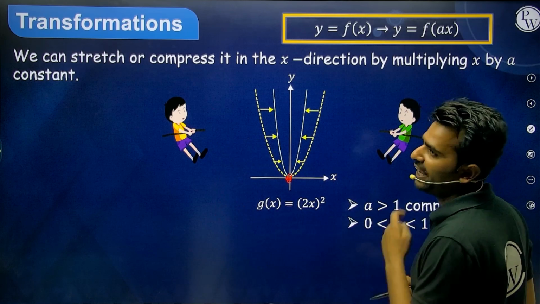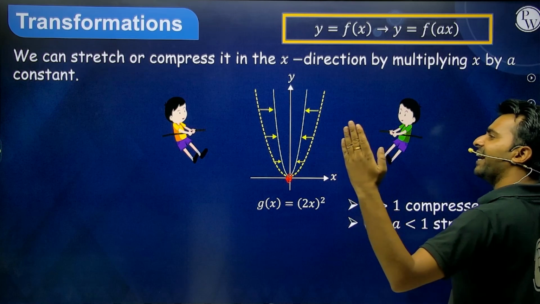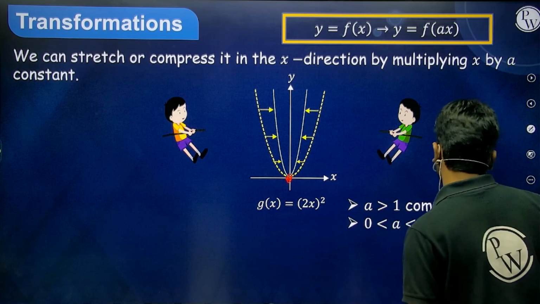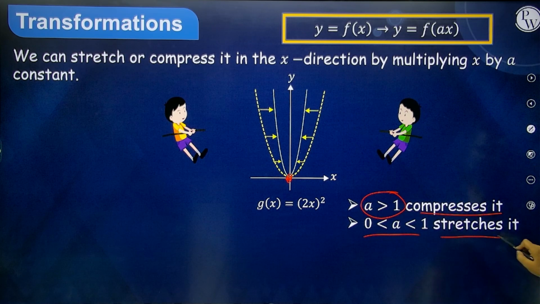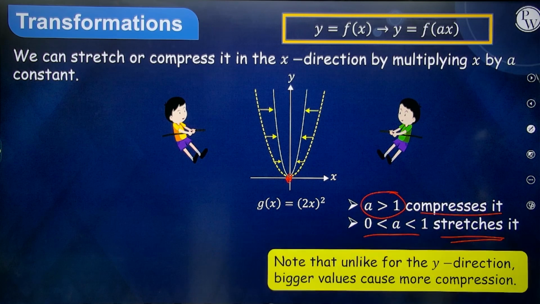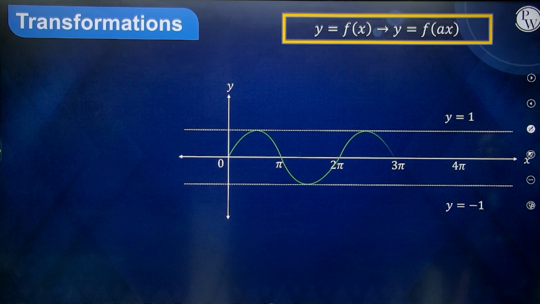This happens whenever a is between 0 and 1, and whenever a is greater than 1, compression takes place. Note that unlike for the y direction, bigger values cause more compression. I think you guys are clear already, right?